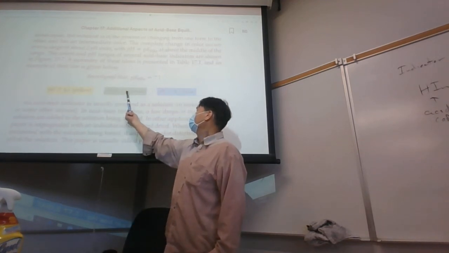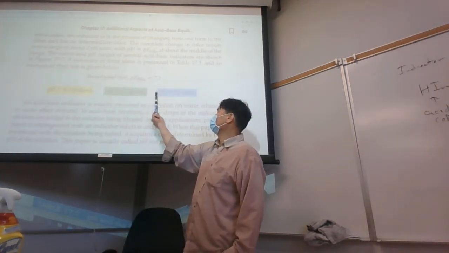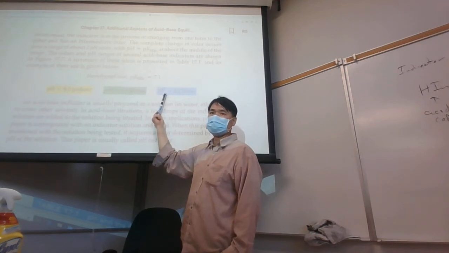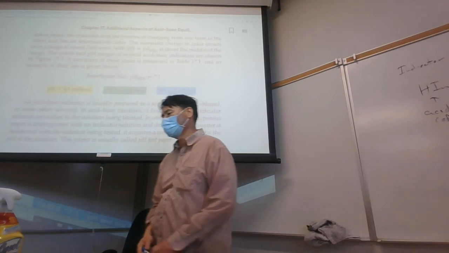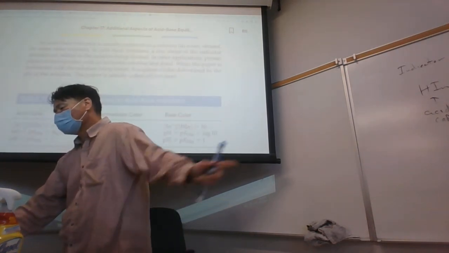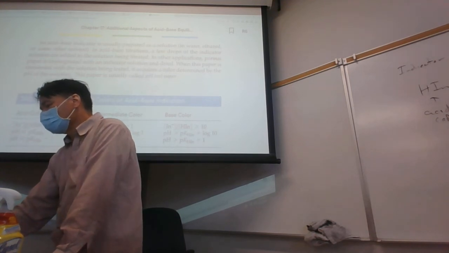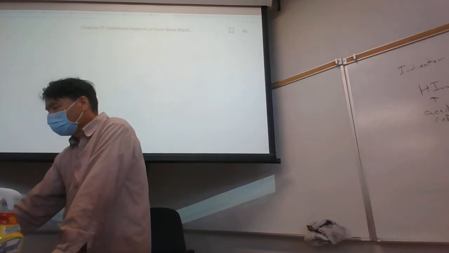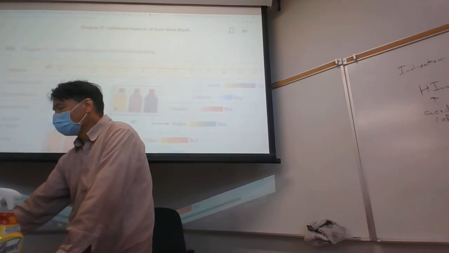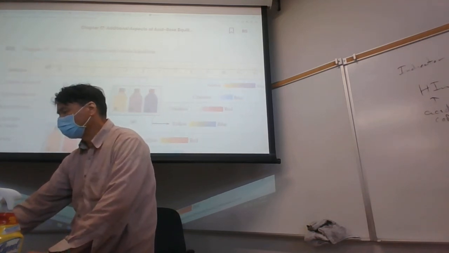And then at 8.1, it's going to be a darker green, or starting to go blue, perhaps, a different shade. This is what I just wrote up here in this table. All right, so let's look at some indicators here.